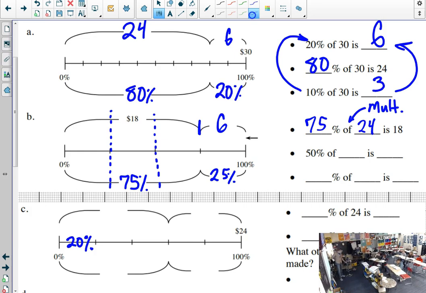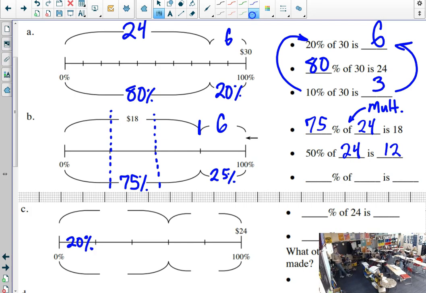What's 50% of 24, Penelope? Because we now know what the total is. It's 12, right? Now, they don't show that explicitly on the model, but we can look at it.